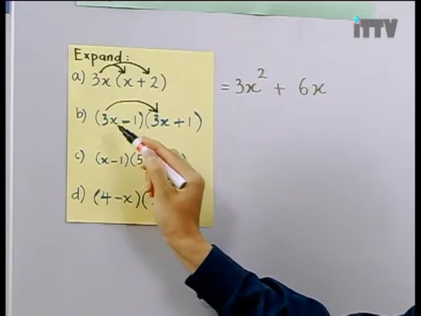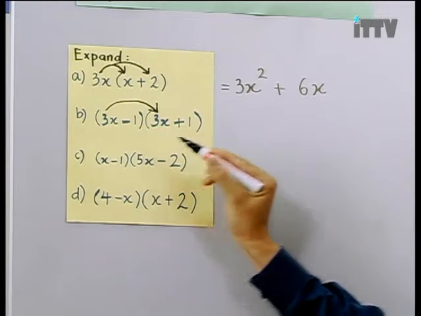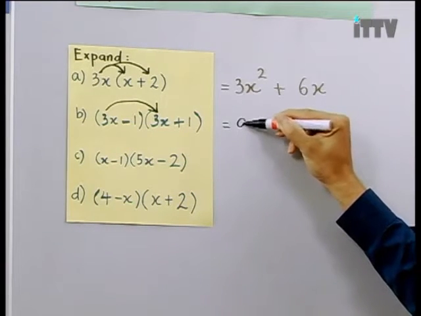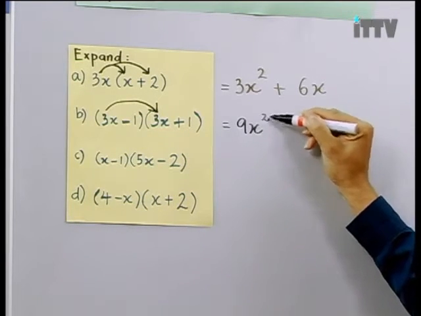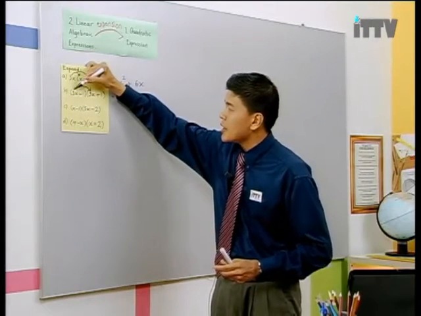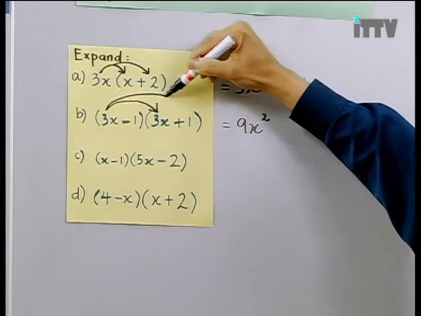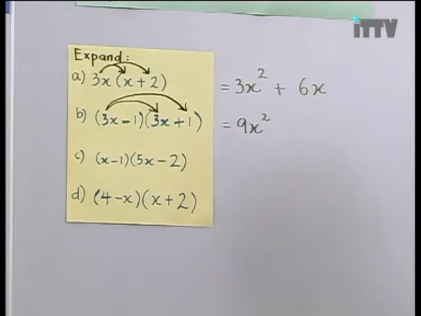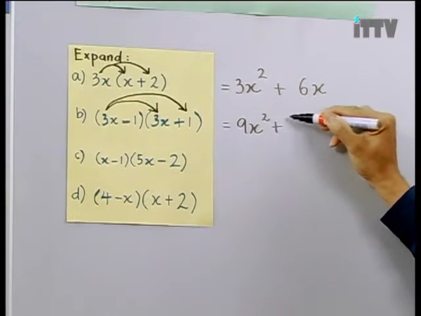So 3x multiplied by 3x gives you 9x squared. Move on systematically. 3x multiplied by positive 1 gives you positive 3x.